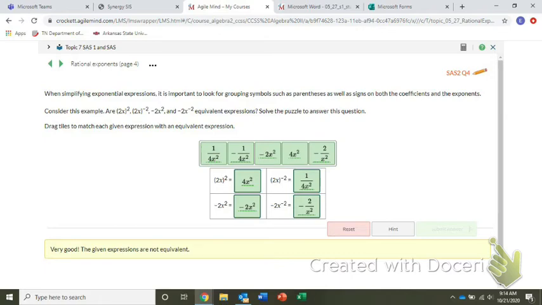Let's see. Next, we want to go to 5C. We're just simplifying.